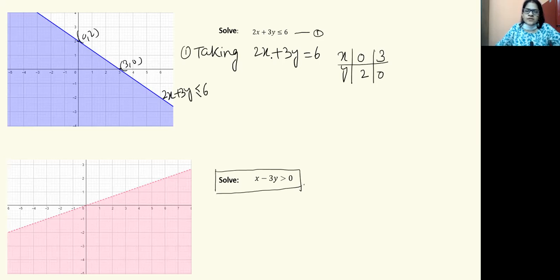So when we write 2x plus 3y equal to 6, the values of x and y satisfying the equation will lie on the line, right? But if it is greater or if it is smaller, then what to do? So to know that, let me take a very simple example here.